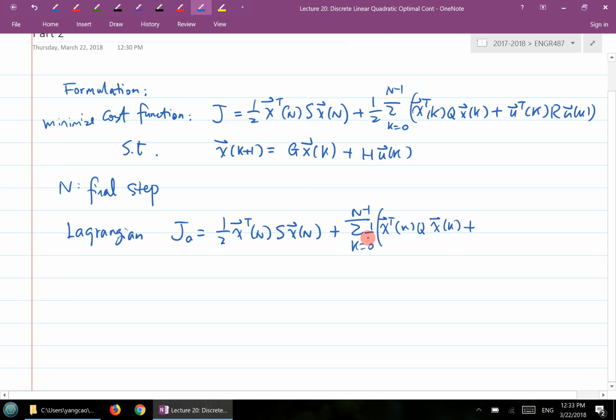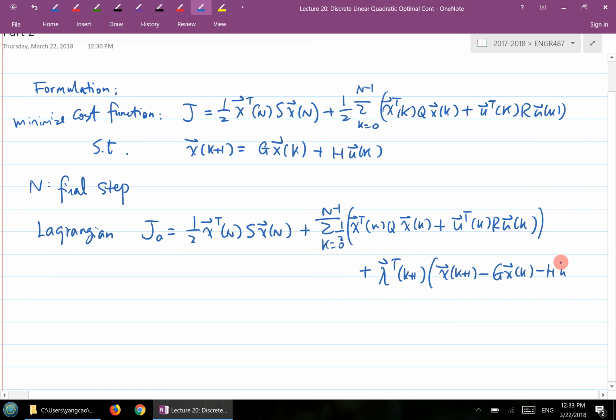So there's 1/2 here, and then plus, okay, so that's basically the Lagrangian here.